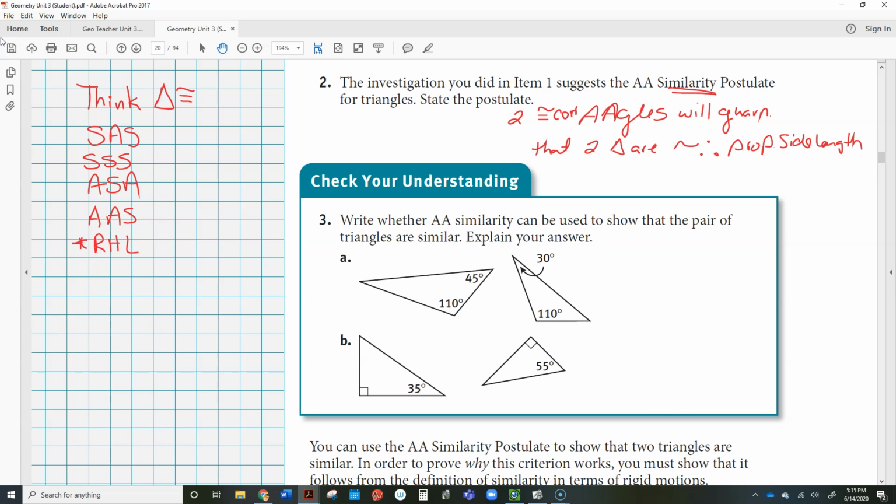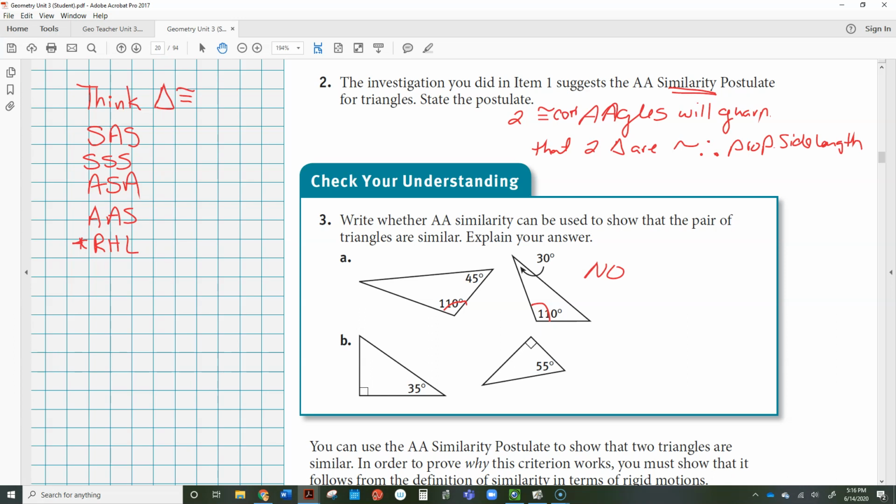It says for these two triangles right here, do we have enough information to prove that they are similar? I would say no here. Well, I would double check. We've got a pair of congruent angles here, okay? But we've got this angle up top, and then this other angle. So we may have to do a little calculation. What do we get if I add 110 and 45? 110 plus 45 is 155.